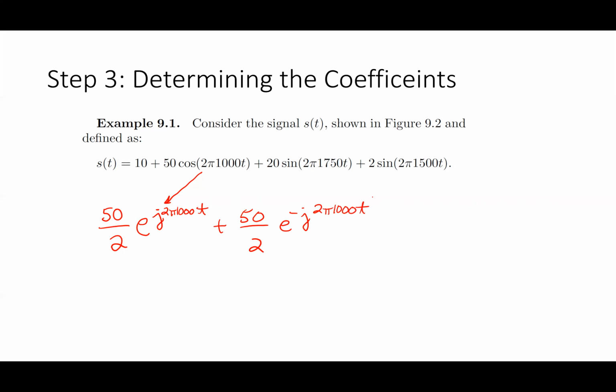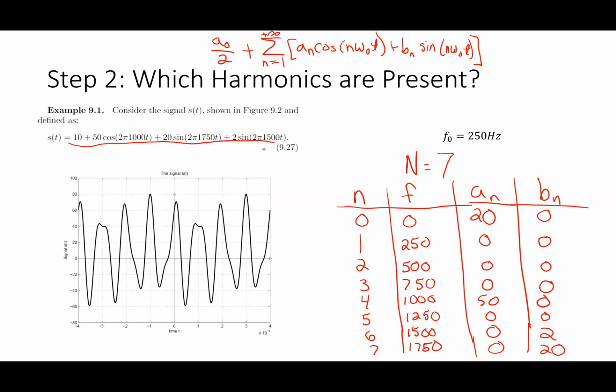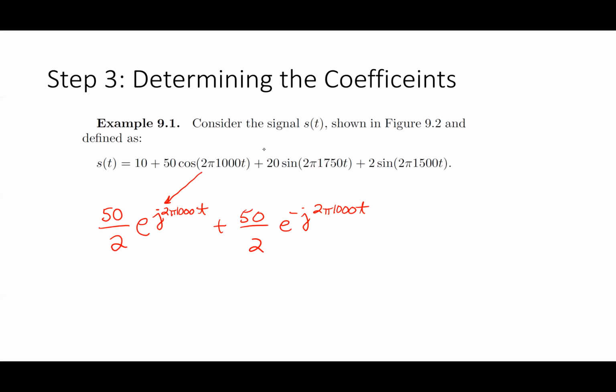All right. So we said 1000 was which harmonic here? The fourth. Yeah, the fourth harmonic. So I would call this guy right here 50 over 2 alpha 4. What would this guy be? Alpha minus 4. Okay, alpha minus 4.